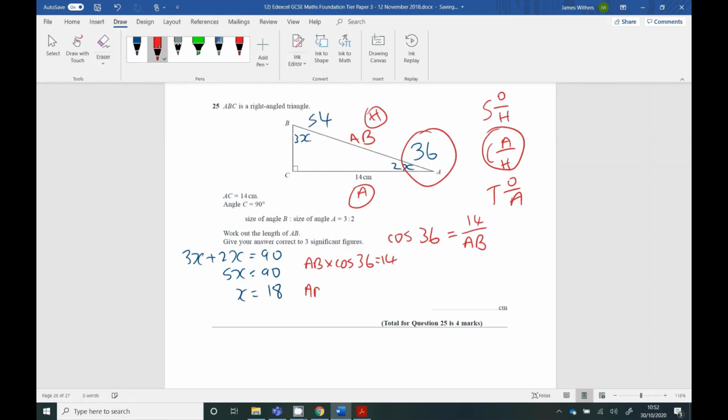So AB equals 14 divided by cos 36. Go and get your calculator out and do 14 divided by cos 36. Make sure your calculator is in degrees mode. And we get an answer of 17.304... The question asks for the answer to 3 significant figures, so that's going to be 17.3.